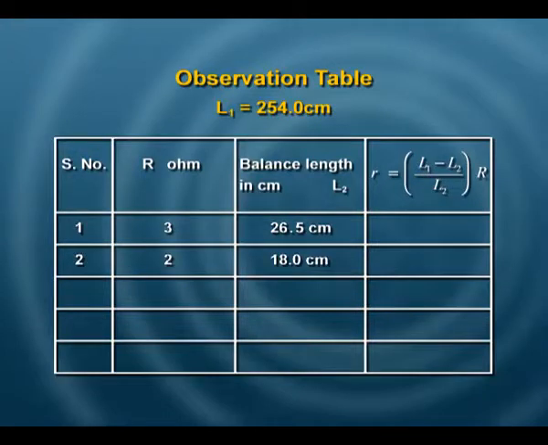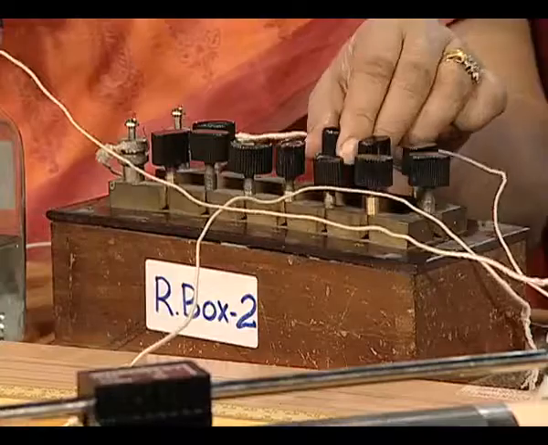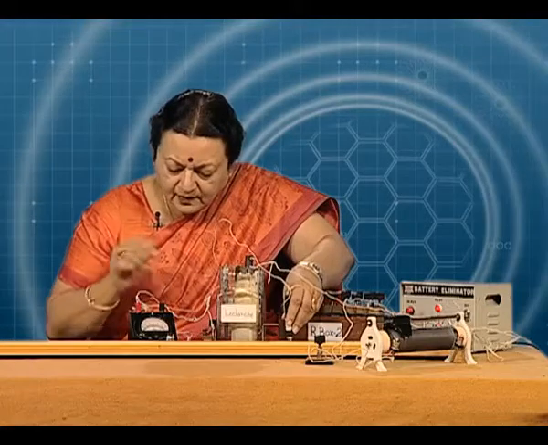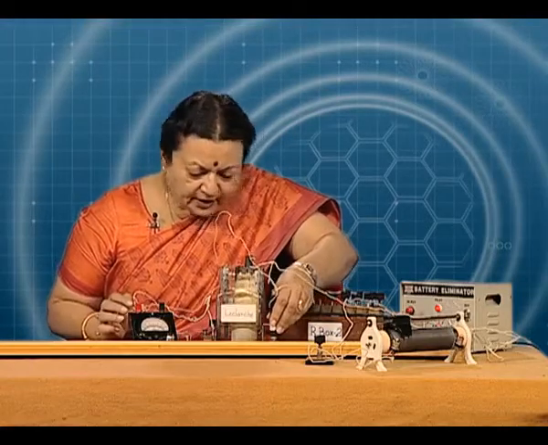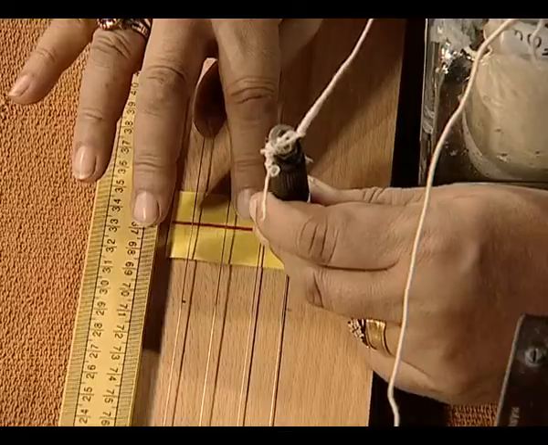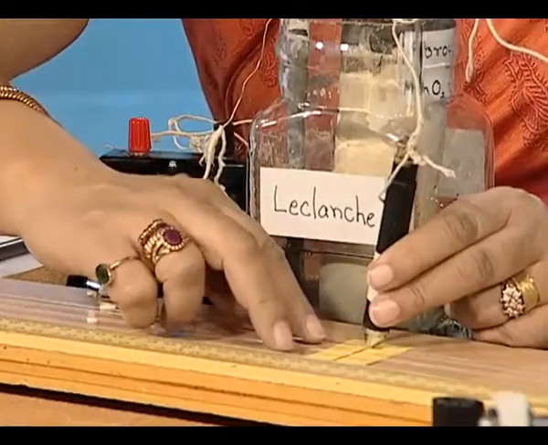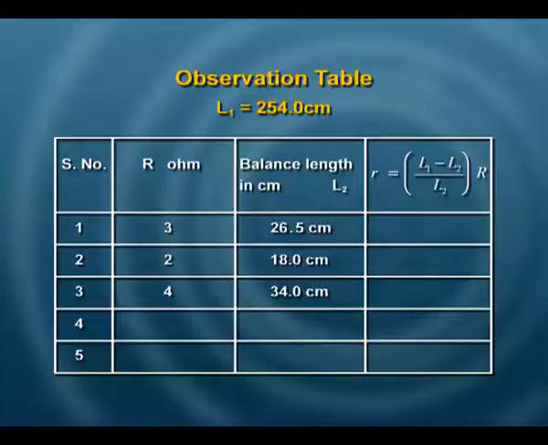Take for 4 ohms. Look for the null point. On the first wire, 34 centimeters. You can take more readings like this, at least 5 you should have, and for each of them you are going to use the formula.